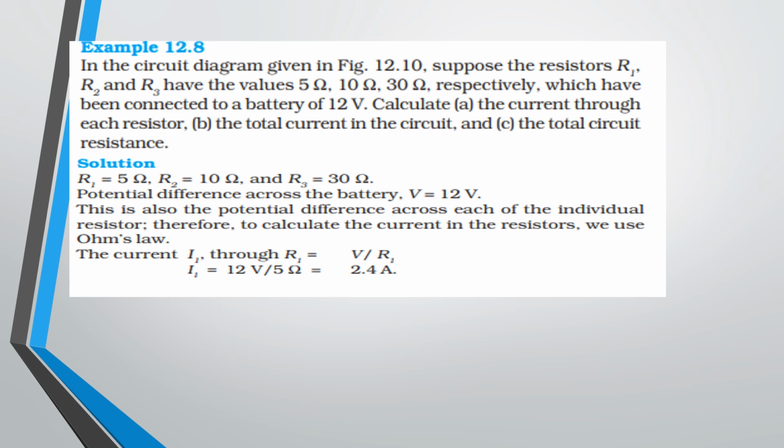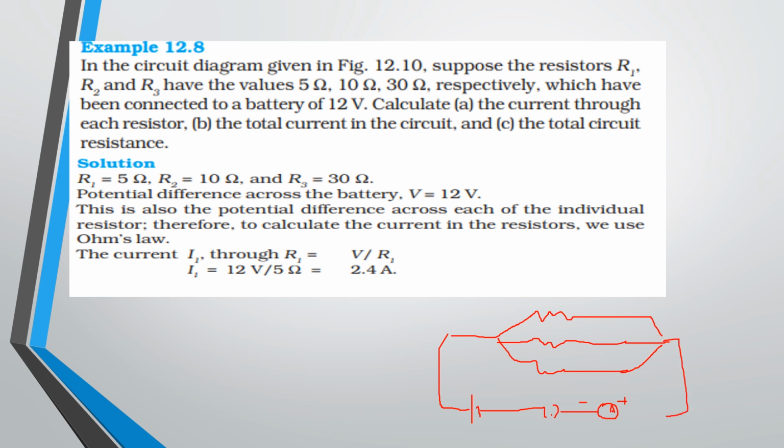So now I will draw the circuit diagram. This is the first resistor, this is the second resistor, and this is the third resistor. They are connected in parallel. Now we are going to connect the battery and key, and this is the ammeter, with minus and plus, and we take another end, so this is connected to it.